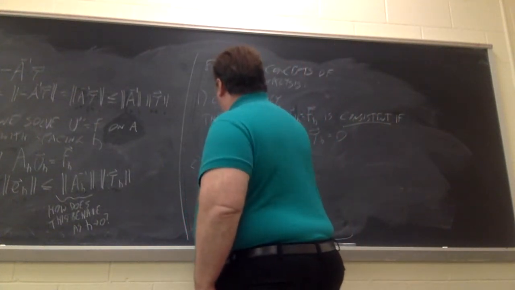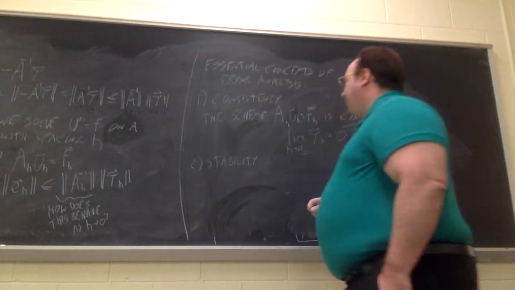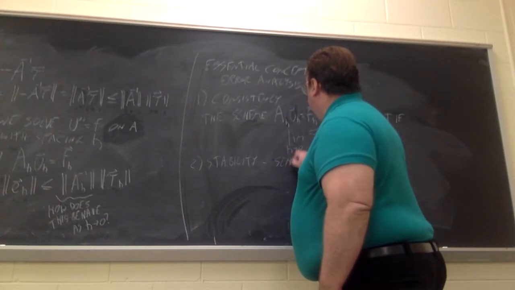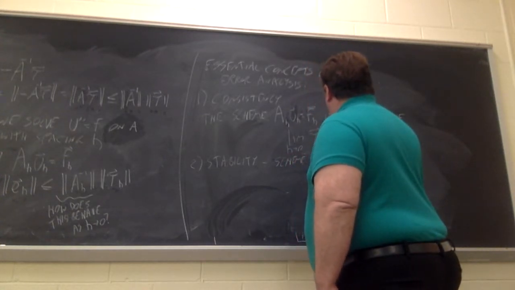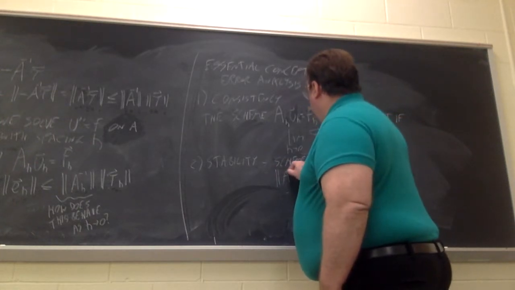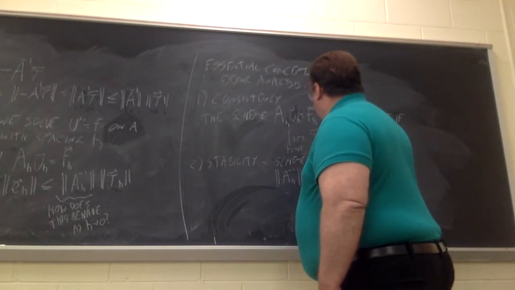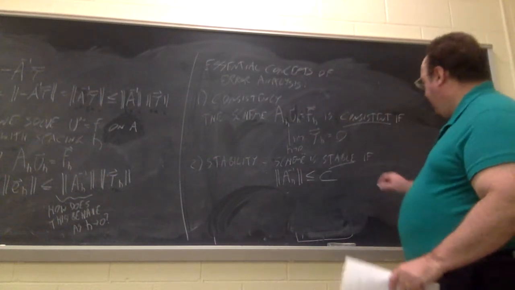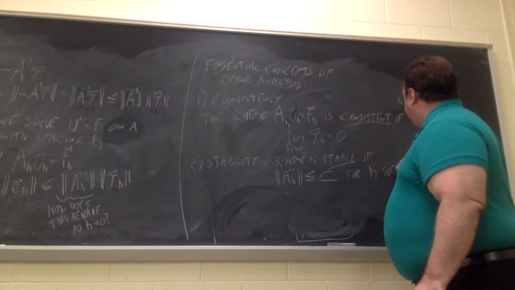Second concept, stability. This is one that wrecks convergence for a lot of schemes. The same scheme is stable if the norm of A_h inverse is bounded by some constant C for h sufficiently small.